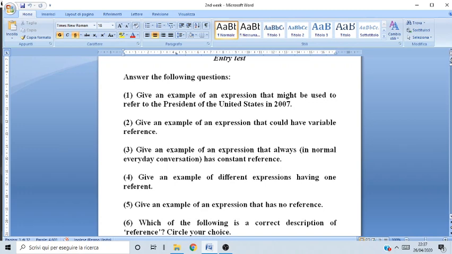An example of different expressions having one referent: again, chat, cat, gatto, okay?